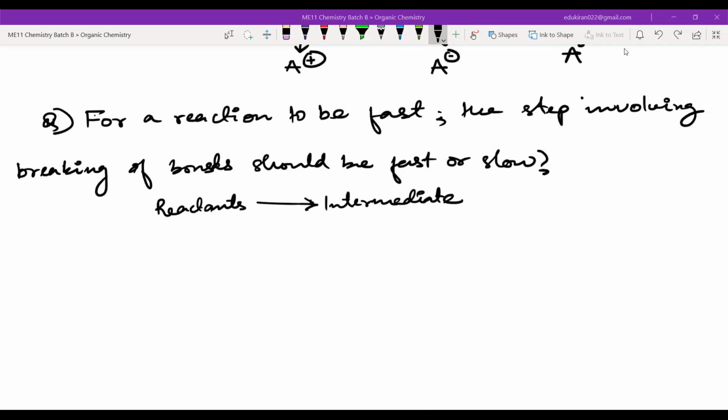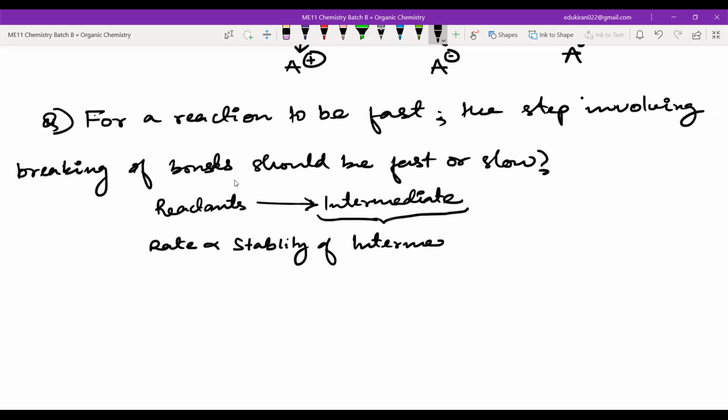Non-intuitive. Okay. Listen, if this particular reaction is going to be fast, then relatively speaking, I can say that this reaction can be fast. The rate of this reaction will be directly proportional to the stability of the intermediate.